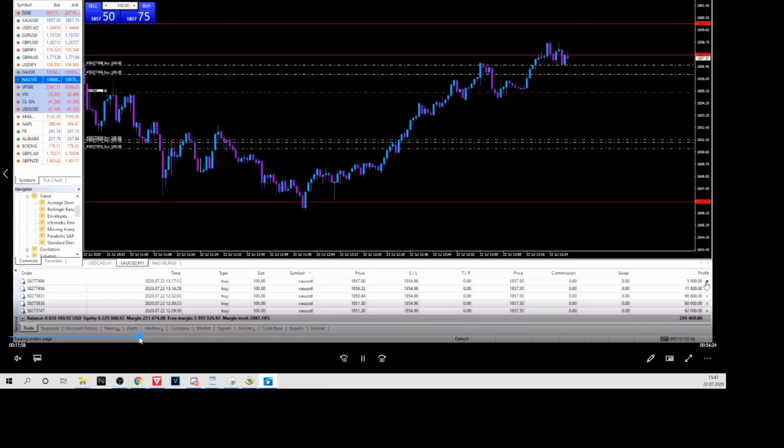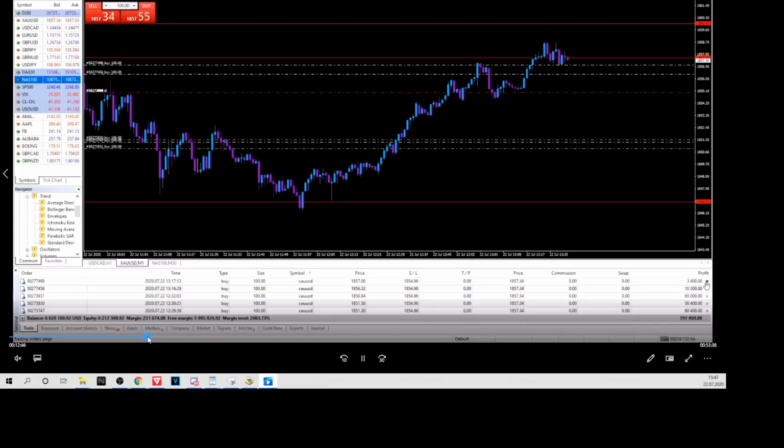I didn't want to give these positions much air to breathe. I wanted them to go straight to the top, and I didn't want any drawdown on that one, because for me this is a clear level where price should bounce and keep moving.